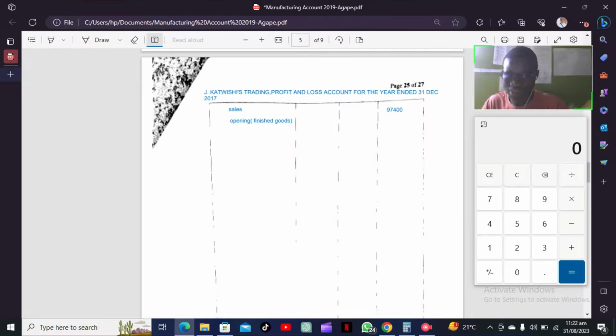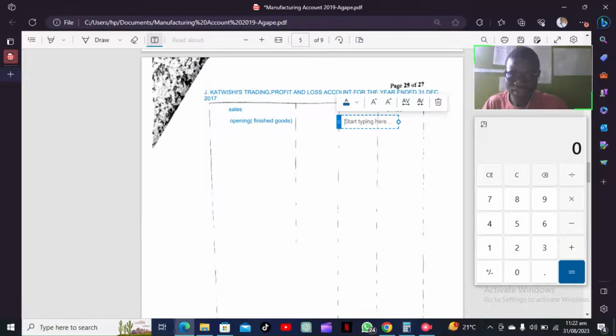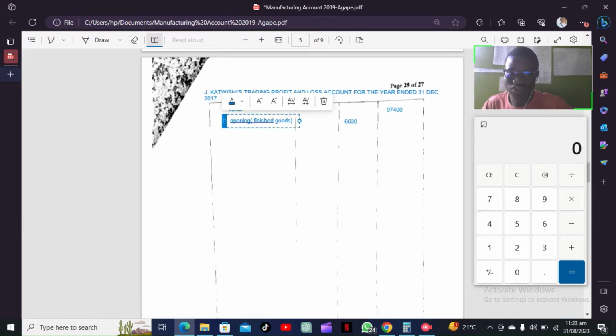How much was the figure? The inventory of finished goods was 6,630 kwacha. We're going to enter that figure.